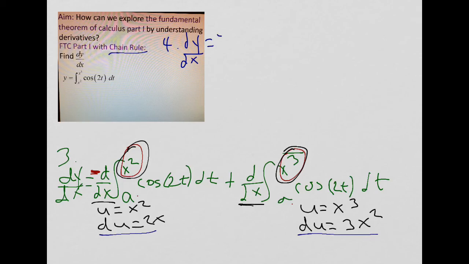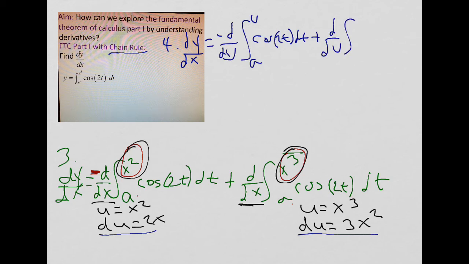And the dx is actually going to become du, and we're going to say from a to u. And it's still the cosine of 2t dt. And d over du, whoops, the integral from a to u, cosine of 2t dt.